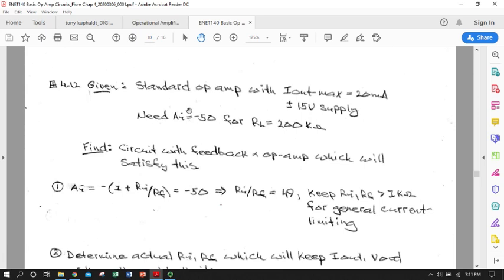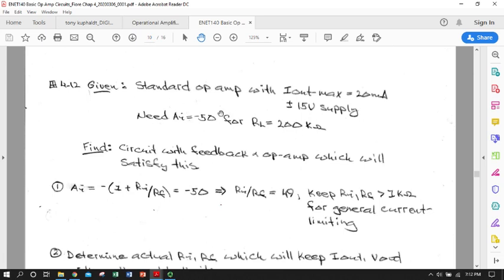And I need a current gain of negative 50, so that means 50 sinking. Doesn't matter because the I out max of 20 milliamps would still apply whether it's sourcing or sinking direction. And I need to flow it over a 200 kilo ohm load.